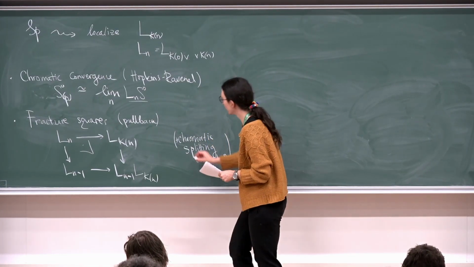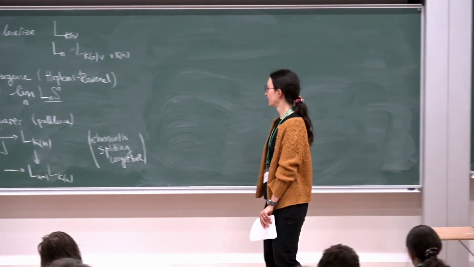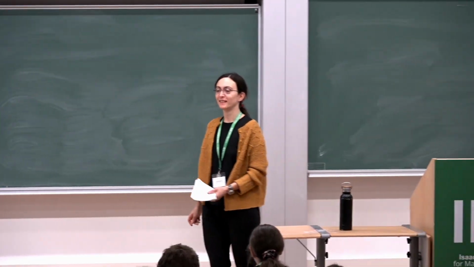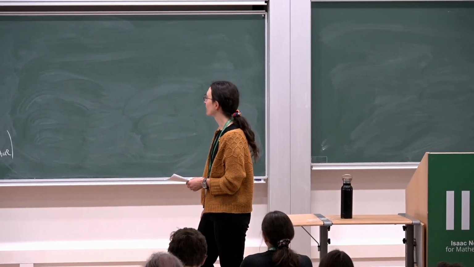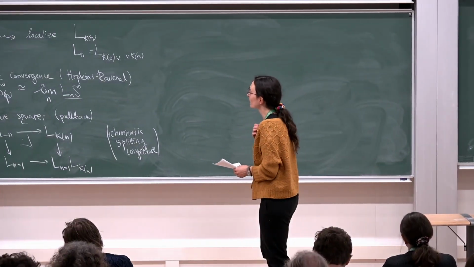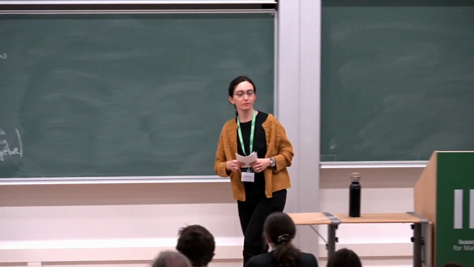Which, as far as I know, is, I don't know, maybe one of the hardest things in chromatic homotopy theory. So I don't know anything about it beyond n equals 2.